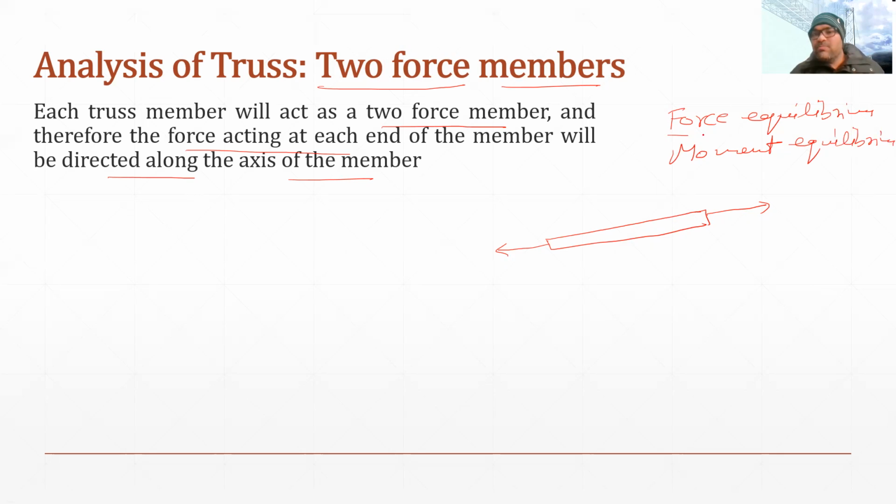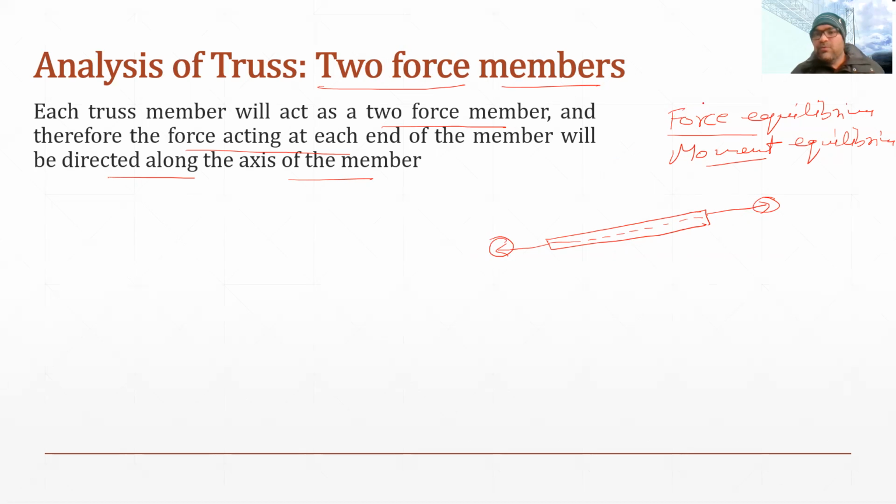Now, force equilibrium means the summation of the forces should be zero. Moment equilibrium means the moment of the forces should be zero. Now, if I apply force on this member along its axis, so if this is the main axis of the member, one force is this one and the second force is this one.